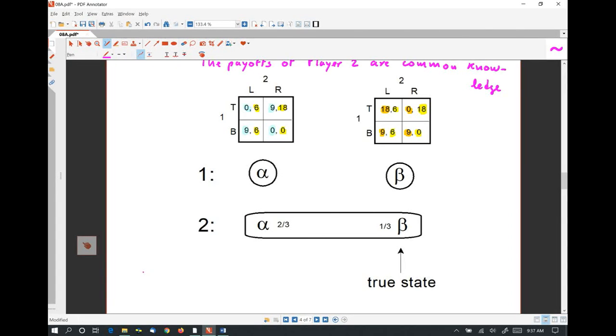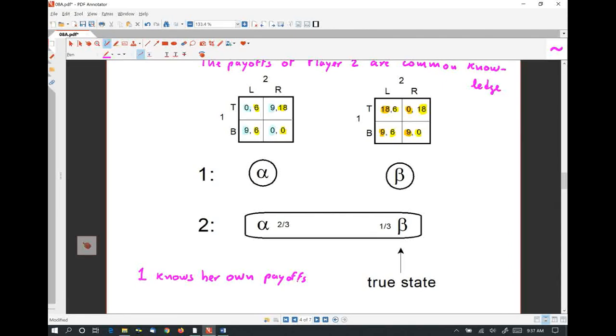Player 1 knows her own payoffs. If the payoffs of player 1 are 0, 9, 9, 0 in state alpha, then since the information set containing alpha for player 1 is just the singleton set alpha, player 1 knows that her own payoffs are 0, 9, 9, 0.